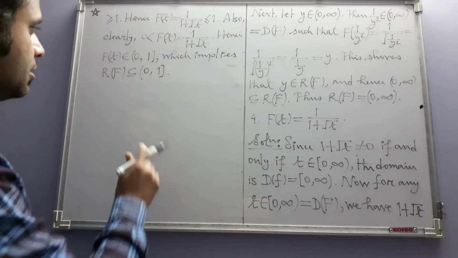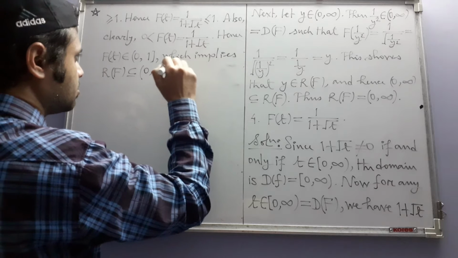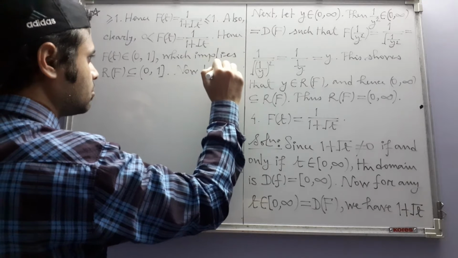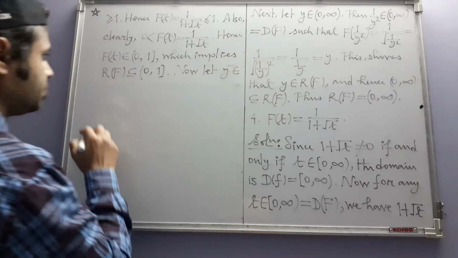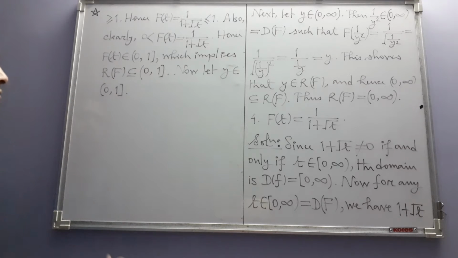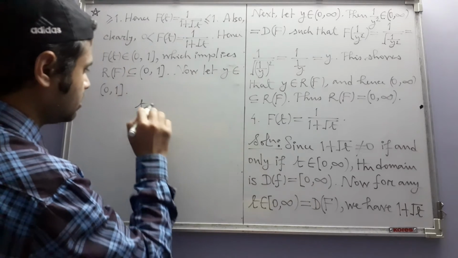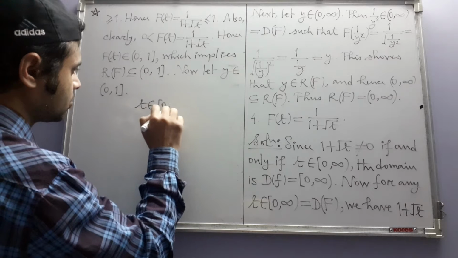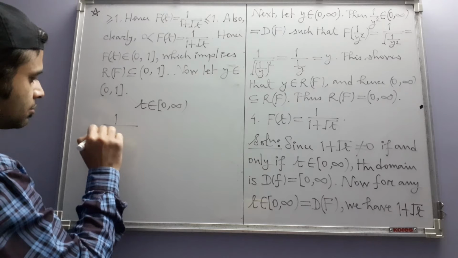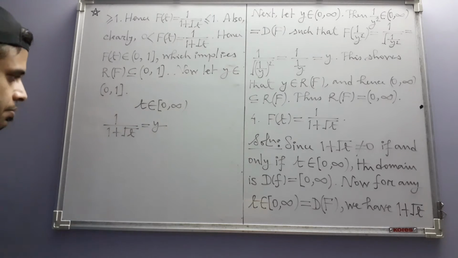Now, next thing is, our guess is that this itself is equal to the range. So, let y be an element in this set. We are seeking a t in the domain such that this is equal to y.